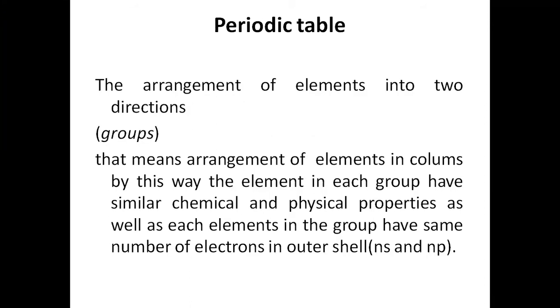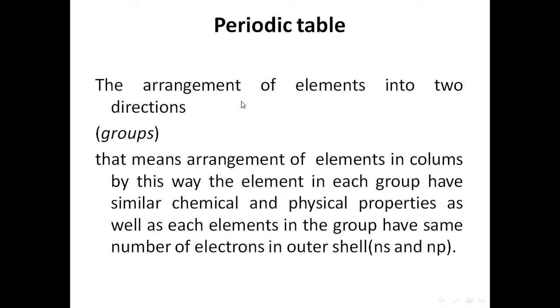Periodic tables. The periodic table is the arrangement of elements in two directions, two sides, or two ways. The first way is called groups.